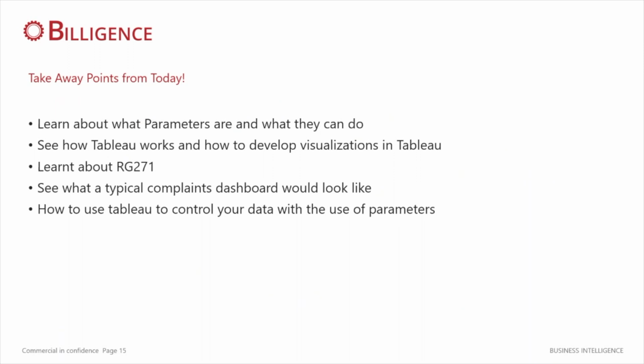And there are so many other different ways that we can use parameters. I just couldn't fit everything inside this session. We have learned how easy it is to create visualizations in Tableau. We learned about what RG271 is about and how we can make a dataset comply, right?